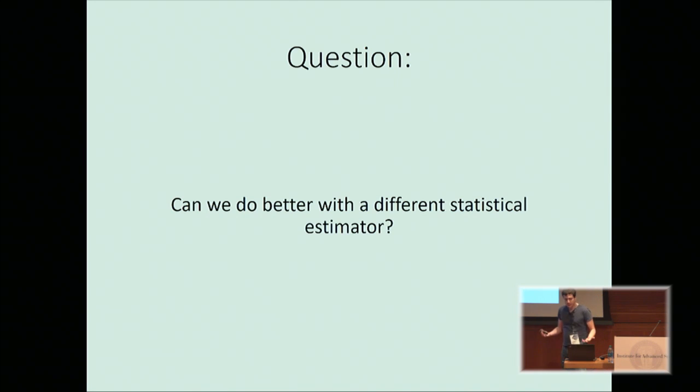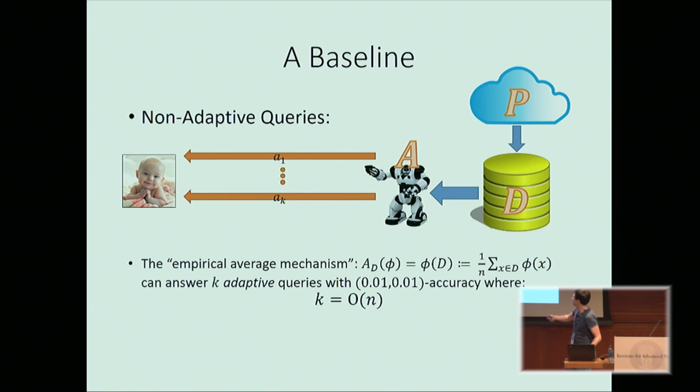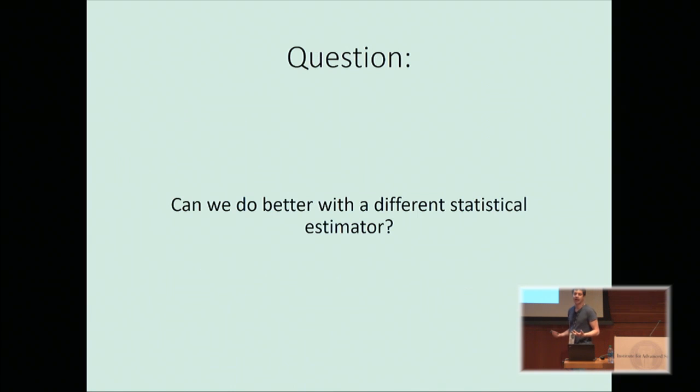Okay, so adaptivity seems hard, but what this claim demonstrates is not that there is no way to correctly answer large numbers of adaptively chosen queries, but just that the empirical average mechanism is a bad way of doing so. It's natural to ask, can we do better with a different statistical estimator?